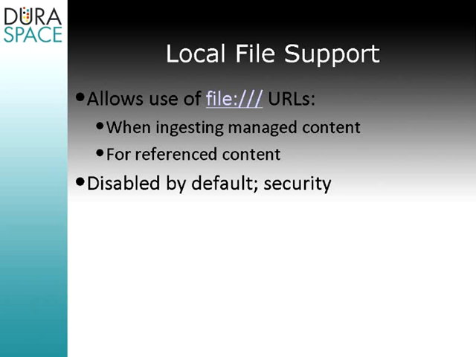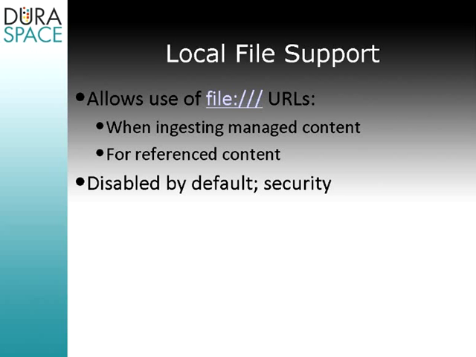So local file support allows people to solve this problem of previously when you worked in Fedora, you had to send content into the repository via, the only way really to get it in was to send it in over the web APIs. And this works for a whole lot of cases, and it's a very flexible way of doing things.